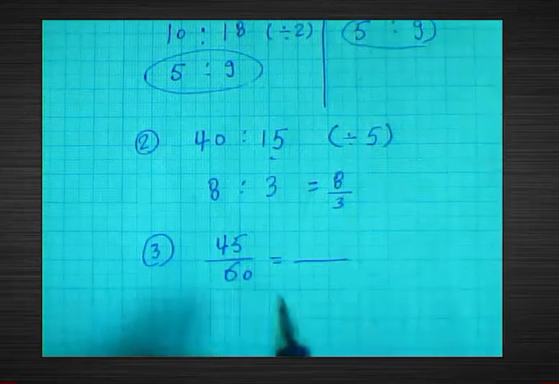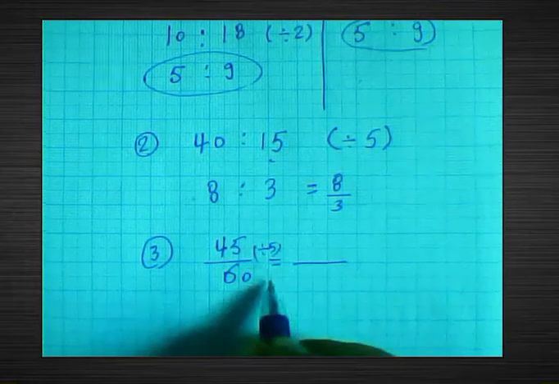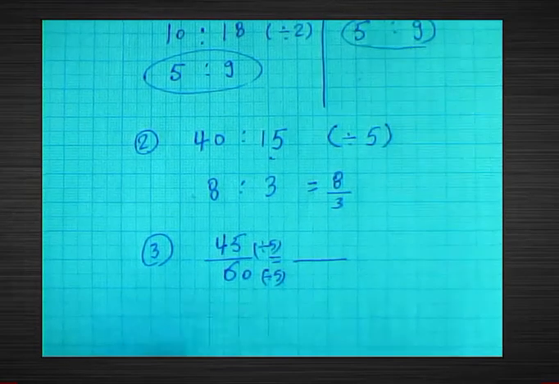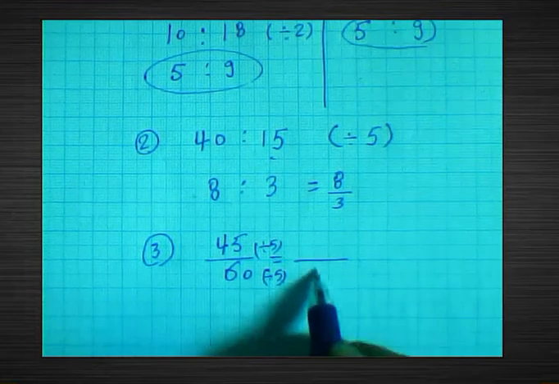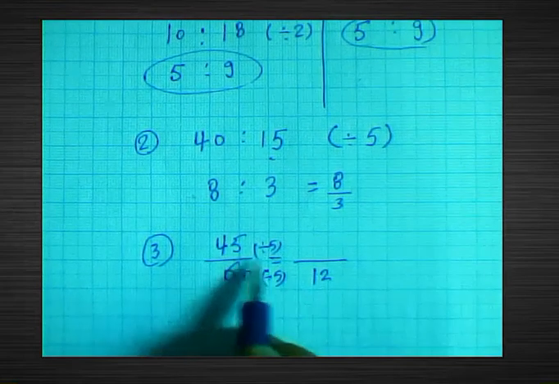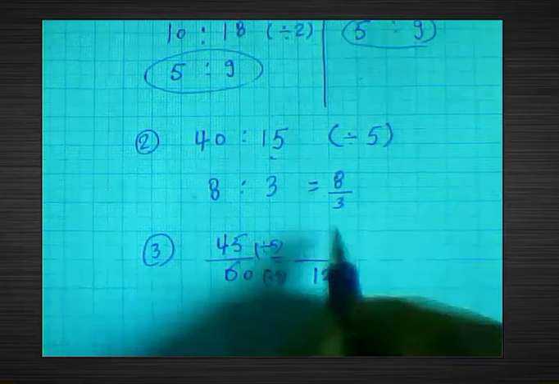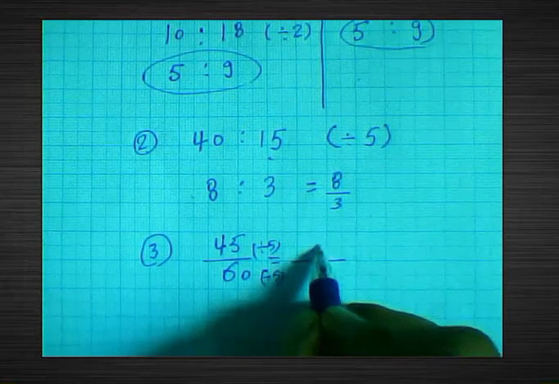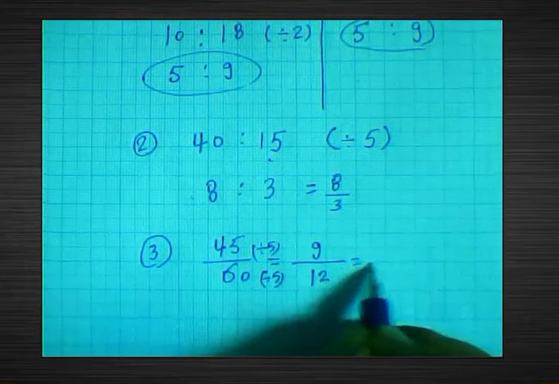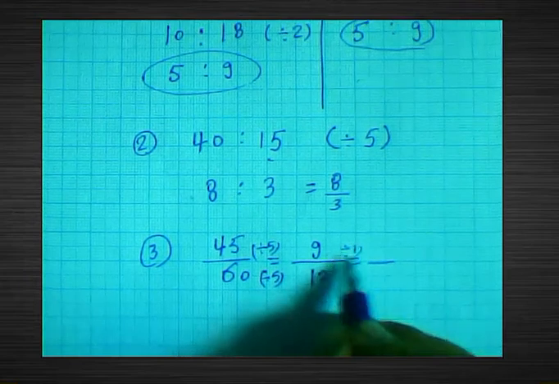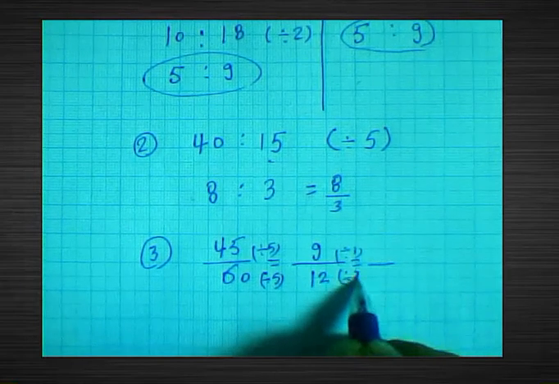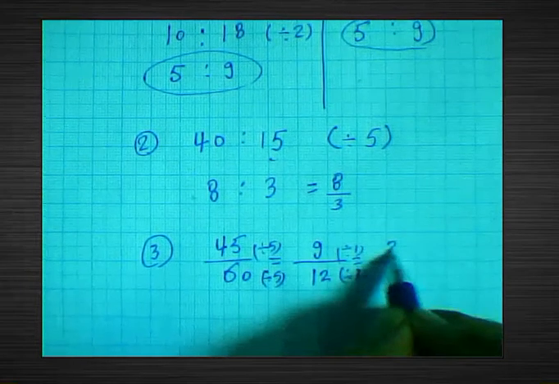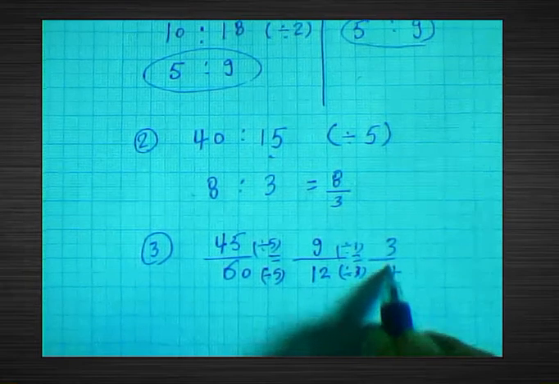We can divide by 5 here and here. 60 divided by 5 equals 12. 45 divided by 5 equals what? Equals 9. And in another step, we can divide by 3. 9 divided by 3 equals 3. 12 divided by 3 equals 4.